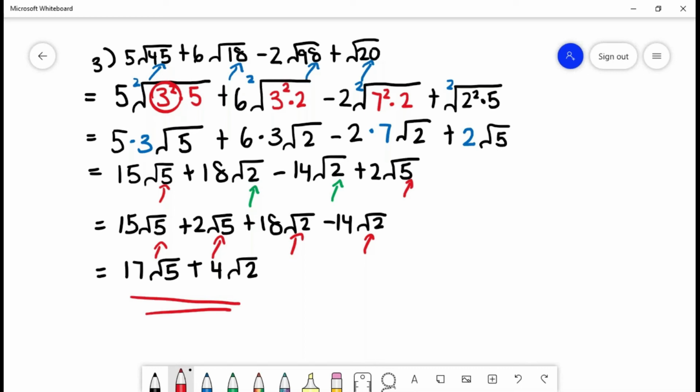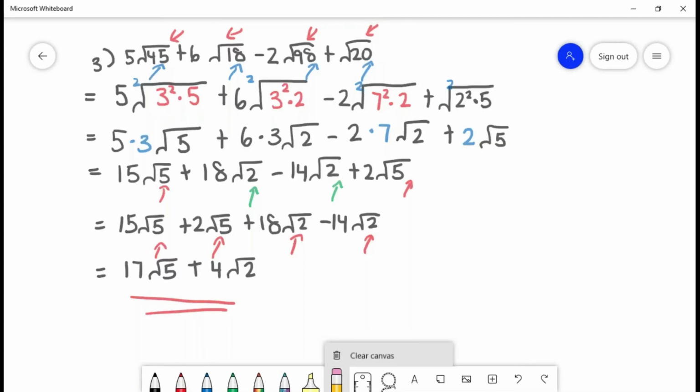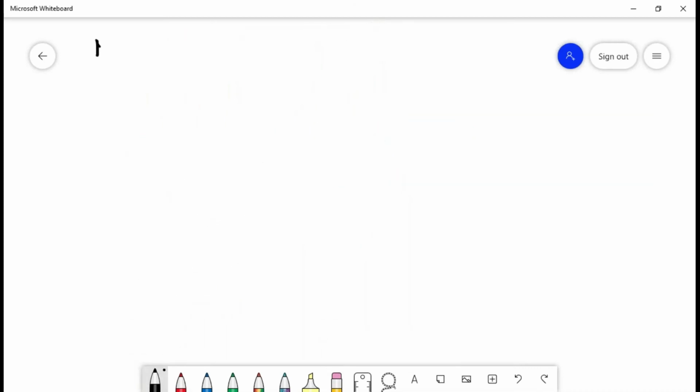Using the properties and ideas of simplifying radicals, even when the radicands were not all the same at first, we used that idea to make all the radicands the same at the end, so then we could simplify it. So now we're done with adding and subtracting radicals, and now let's move on to multiplying radicals.